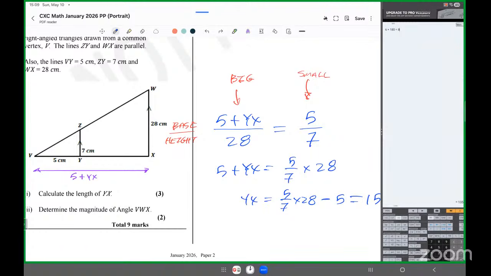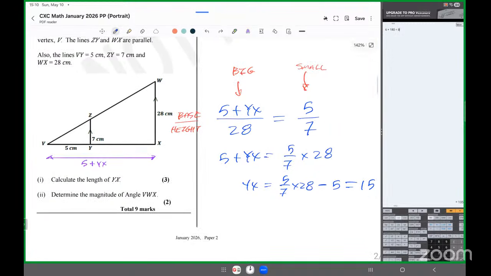Just remember the ratio of corresponding sides are equal. So when you set up the ratio on one side, you have to set the ratio on the other side the same way. So let's use base over height for this example. Base over height on the big one equals base over height on the small one. Good? Simple. All right, so we want to find this angle now.